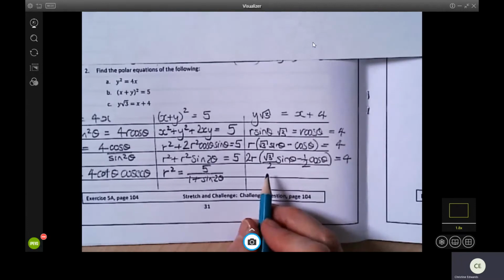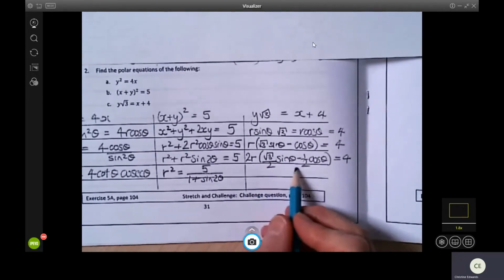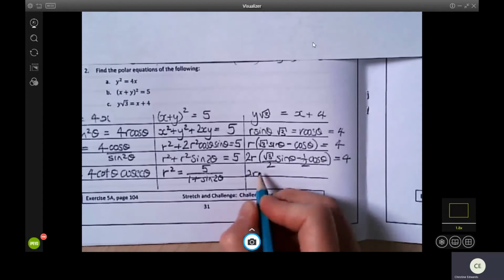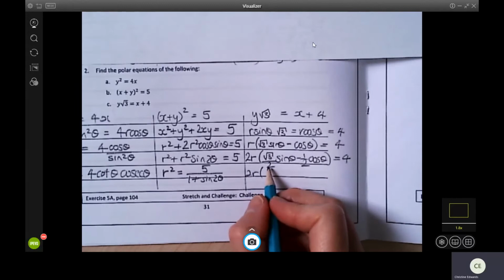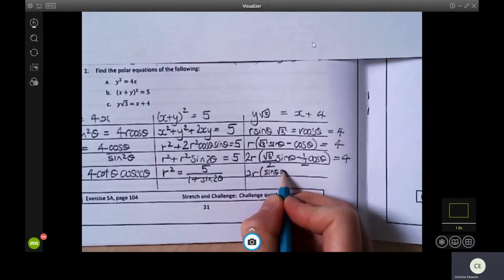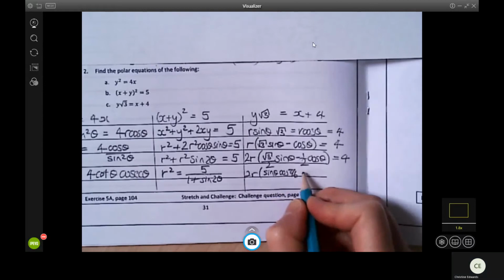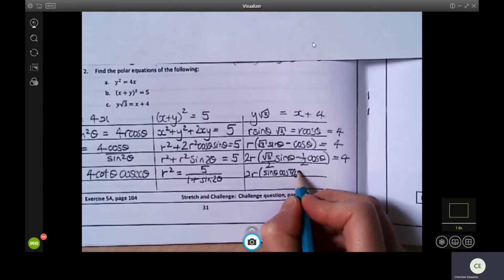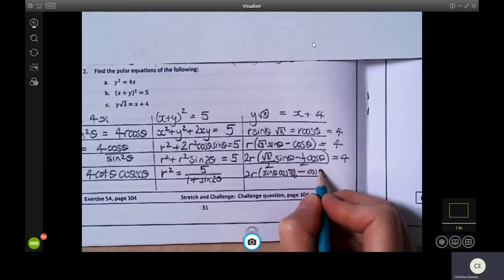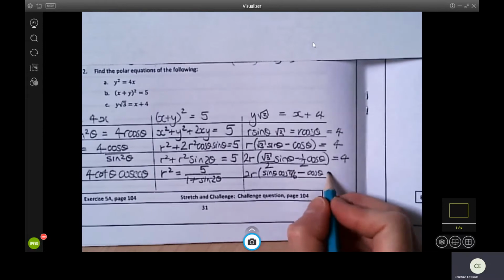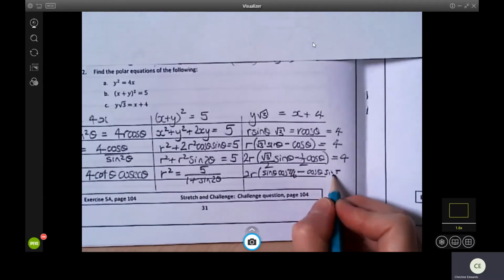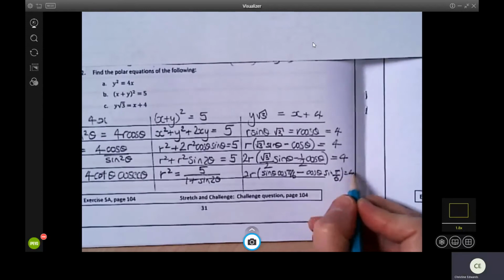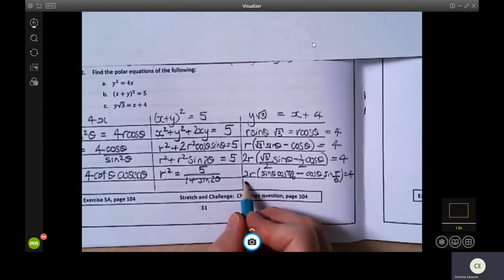Now, I can start to recognise these as standard trig functions. So I have 2, and I have root 3 over 2 is cos of pi over 6. So I have sine theta cos pi over 6, and I have cos theta, pi over 6 for the half, equals 4.